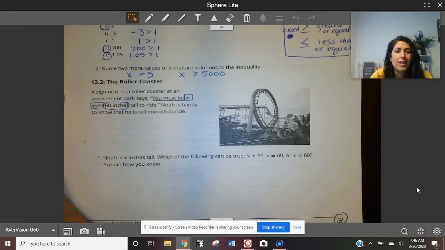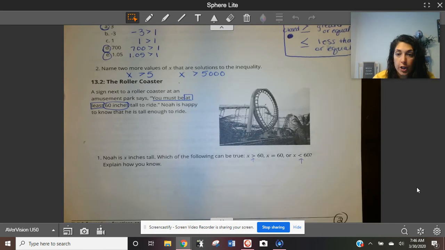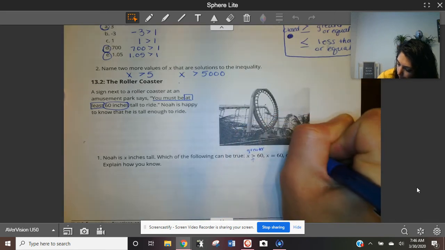Noah is x inches tall. Which of the following can be true? x is greater than 60, x is equal to 60, or x is less than 60. I'm saying these out loud too because this is a video, but this is where it's going to get important that you know which is which. So this is going to be greater, less.